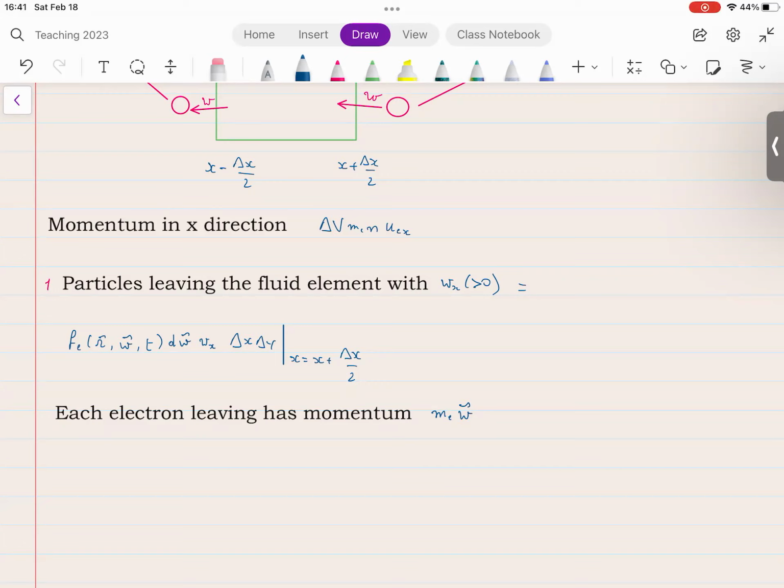The momentum of that particle is leaving my system. So I need the vector, not just the x component. And then I do the sum over all particles to obtain the total loss of momentum.